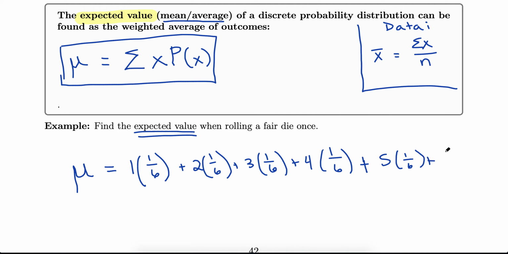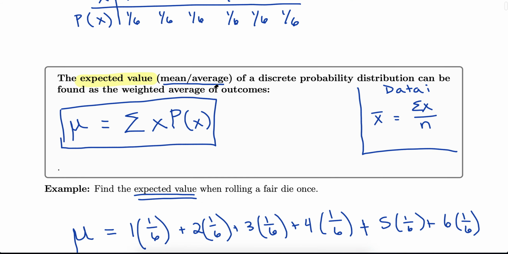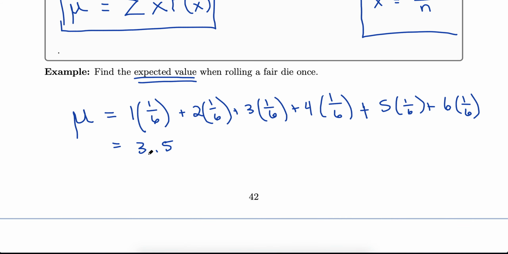And if you think about it, 3.5 makes perfect sense, because looking at our data distribution, these are our outcomes. They're all equally likely, so our mean or our balance point should be right here between 3 and 4, or 3.5. So what this value is telling us is, notice we calculated this without any data.